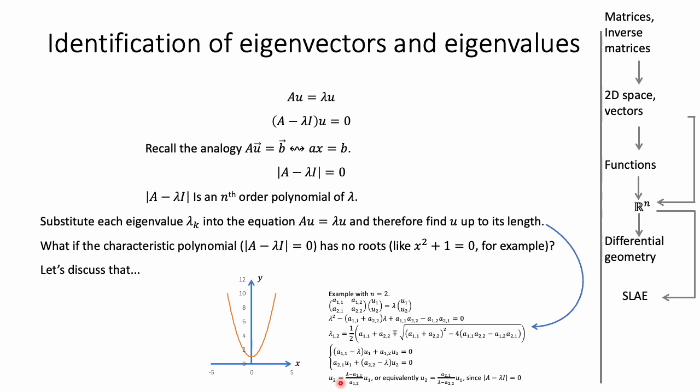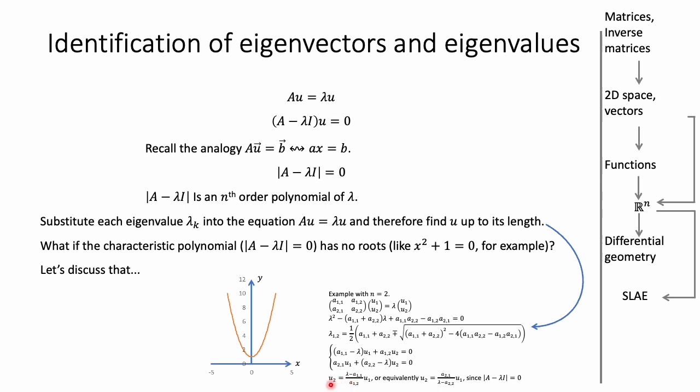And then every vector which has this proportionality between its components can be claimed as an eigenvector of the matrix A associated to the particular eigenvalue lambda. So every individual eigenvalue has a collection of vectors, infinitely many eigenvectors, which all are parallel to each other, which all differ from each other just by stretching.